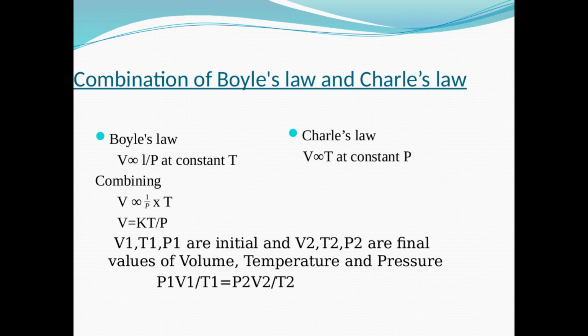Consider P1, V1, T1 are the initial and P2, V2, T2 are the final pressure, volume and temperature. Then P1 V1 divided by T1 is equal to K. P2 V2 divided by T2 is equal to K. That is, P1 V1 divided by T1 is equal to P2 V2 divided by T2.